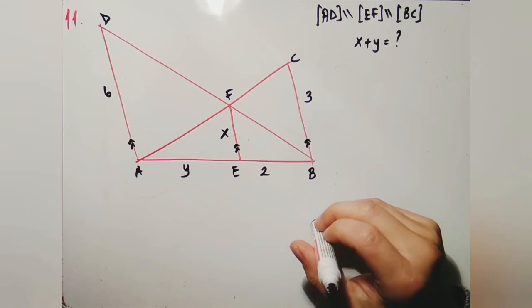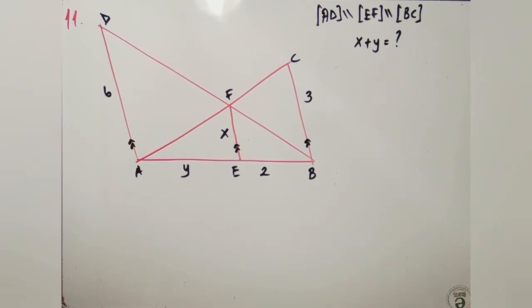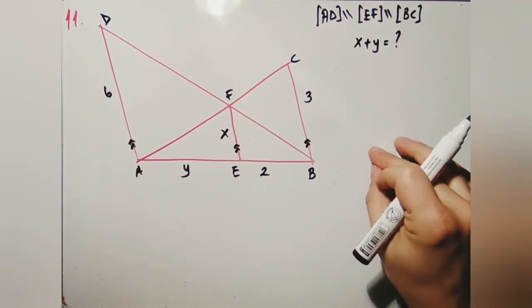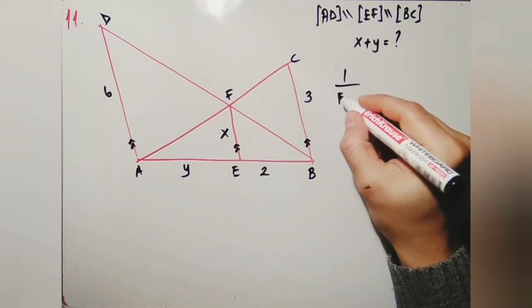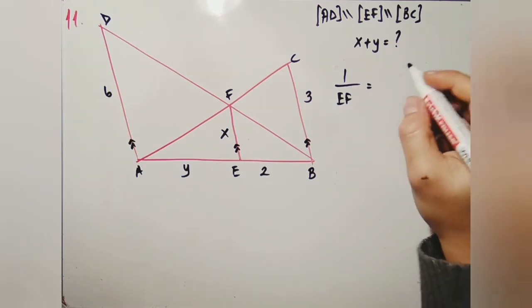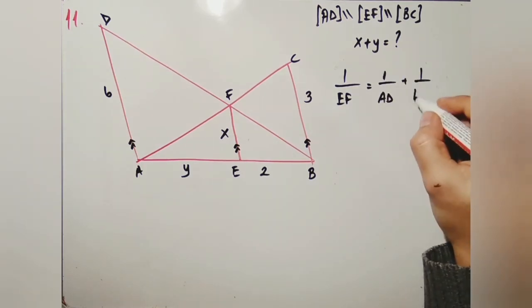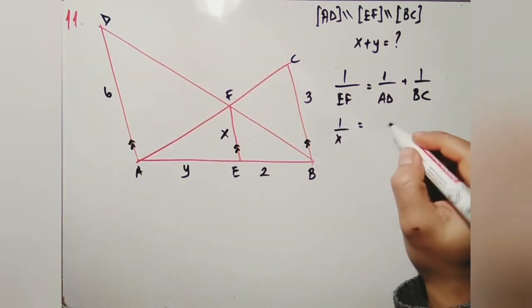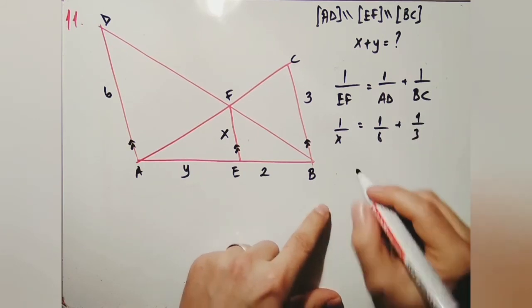11 is the last question of the video, and here in this figure, three lines are parallel to each other, such as AD, EF, and BC. In this case, we have one theorem. We say 1 over EF is equal to 1 over AD plus 1 over BC. So 1 over x is equal to 1 over 6 plus 1 over 3.